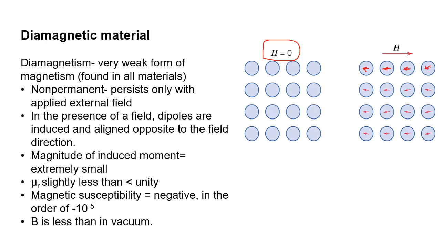But this kind of phenomenon is non-permanent. It will change back to its original condition when we remove the H. So when H goes back to zero, it will not have the dipole moment.